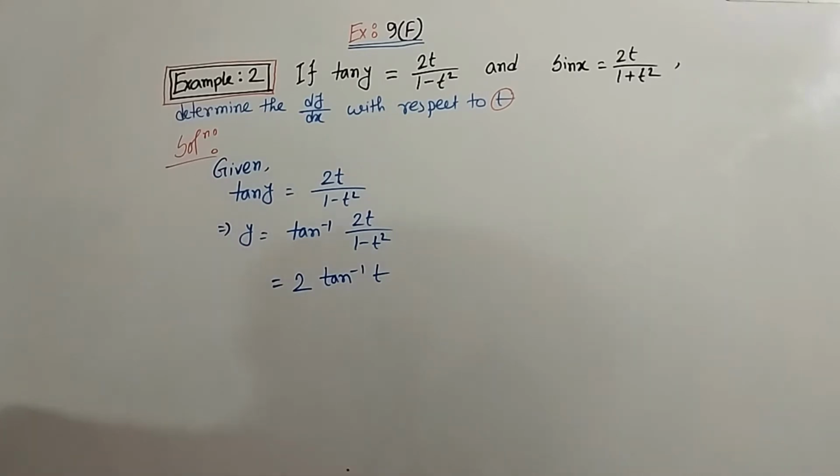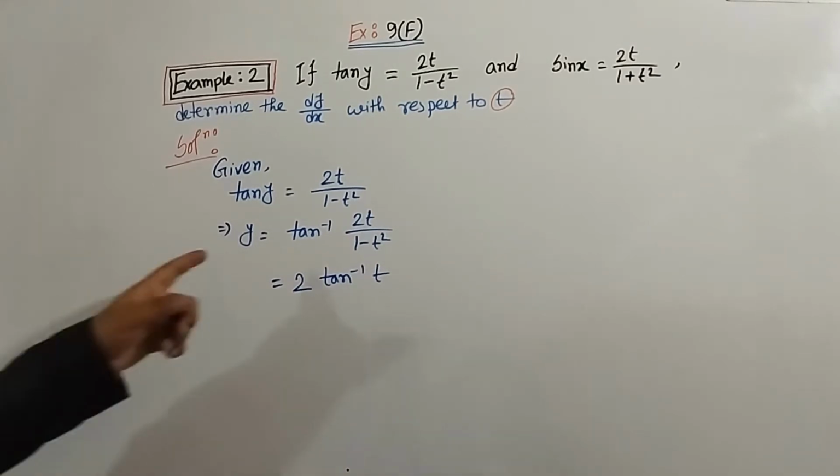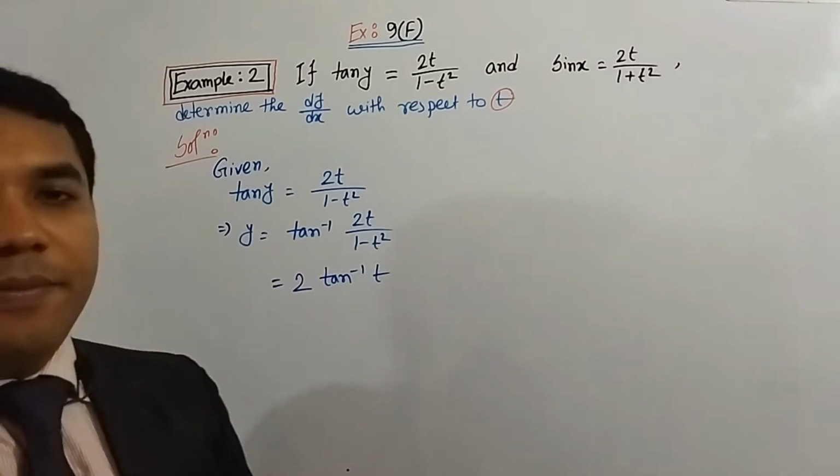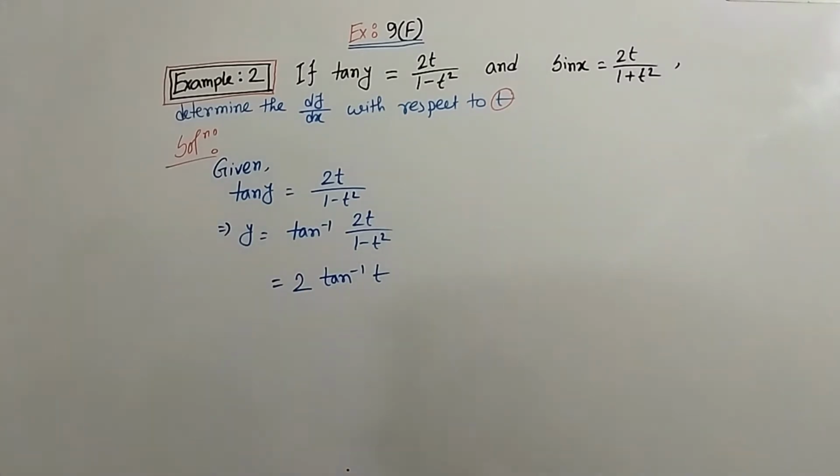But if it is sin inverse of 2t divided by 1 plus t squared, that should also be 2 tan inverse t. So now let's have a look at the next part.